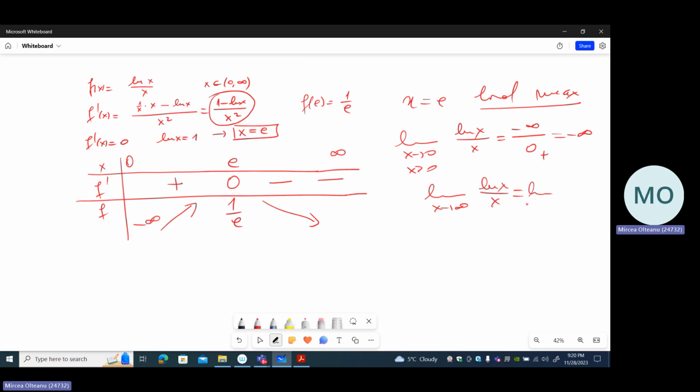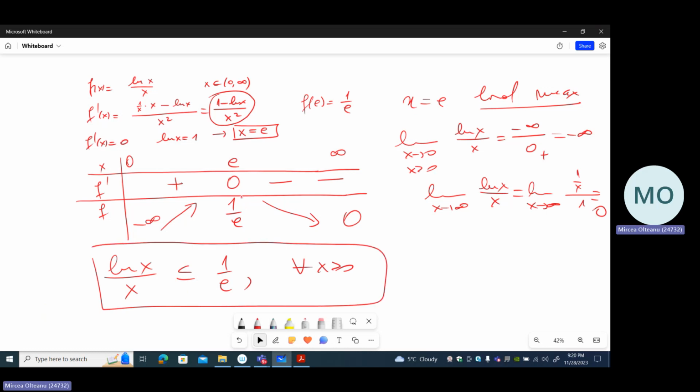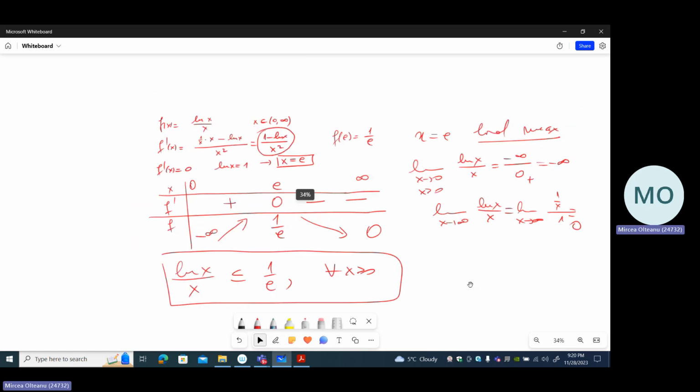One can compute it by using L'Hopital's rule, which gives 1 over x, so it's 0. As you can see from this table, indeed, the value of f at e is the greatest value. So actually, we proved the following inequality: logarithm of x over x is less than or equal to 1 over e for every positive x, among other information included in this table.